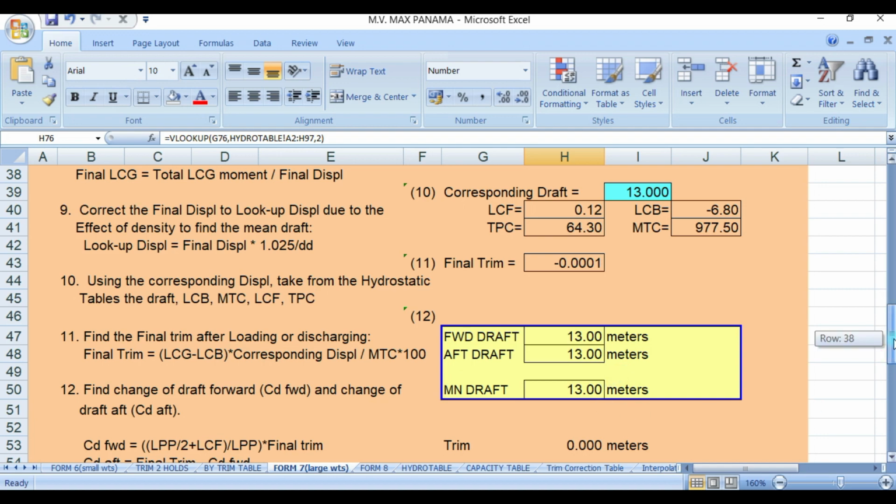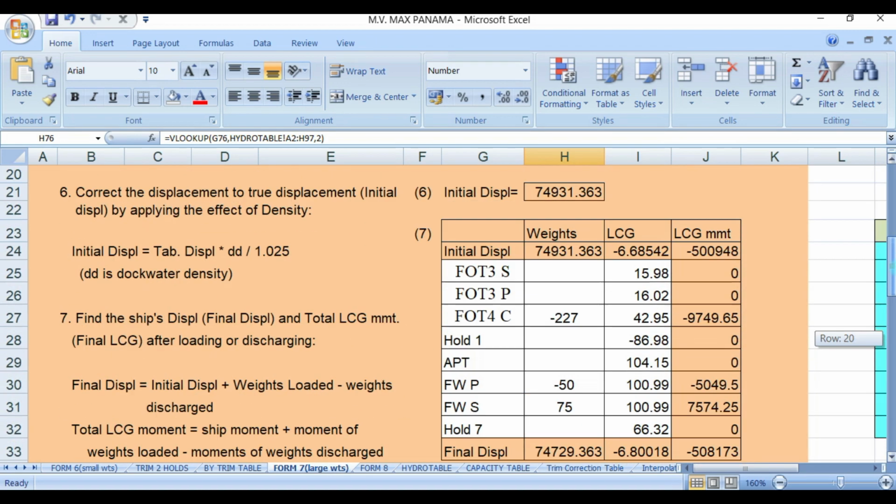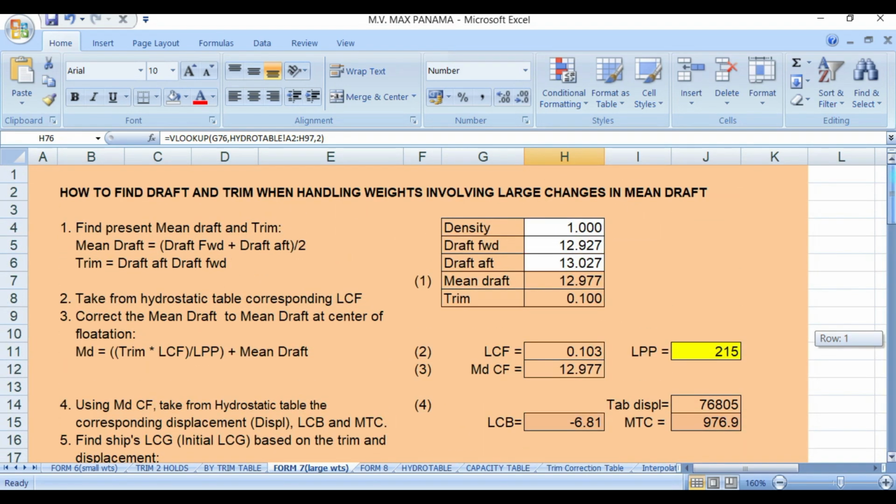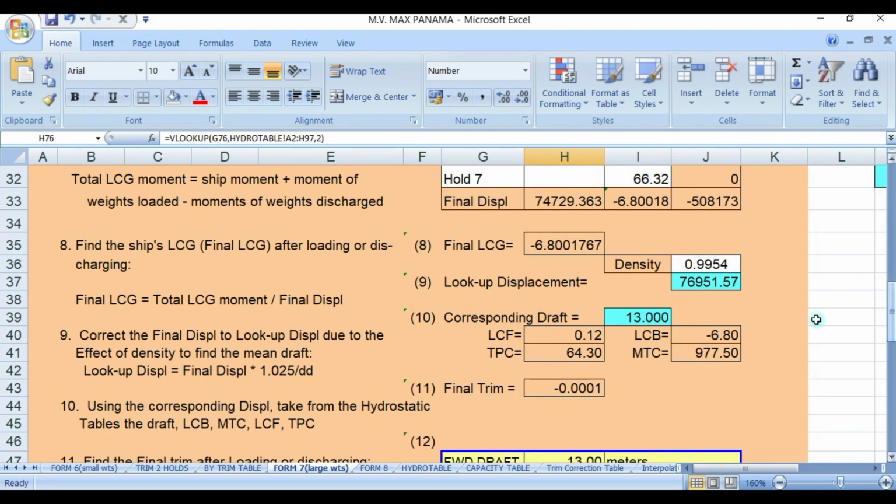So that's it, guys. With this program of how to find weights and trim when handling weights involving large changes in mean draft, you have to apply your departure density and your arrival density.